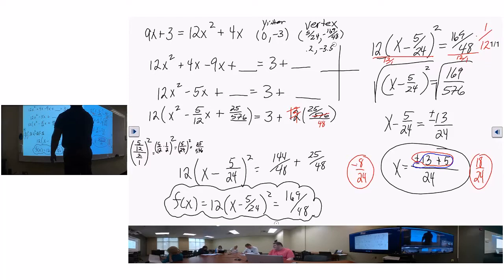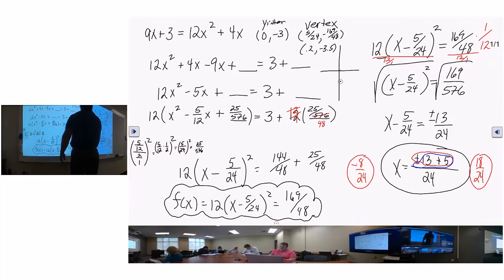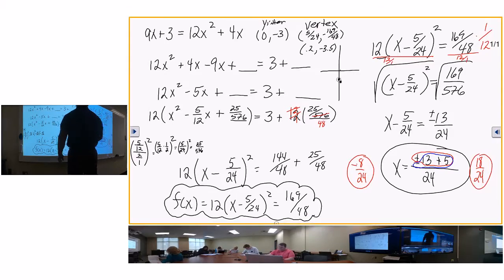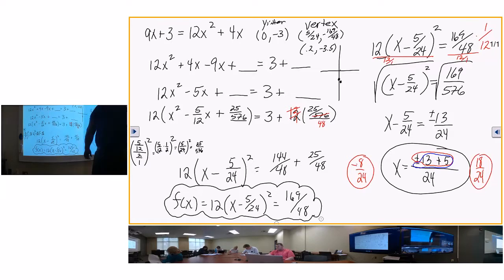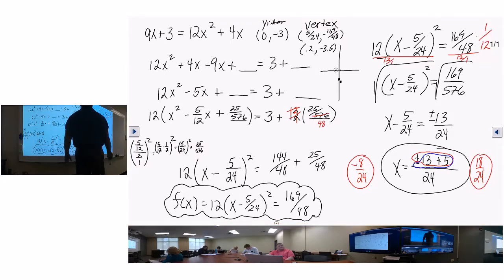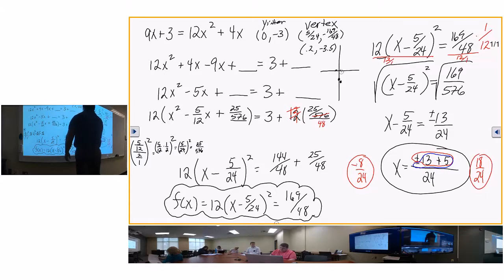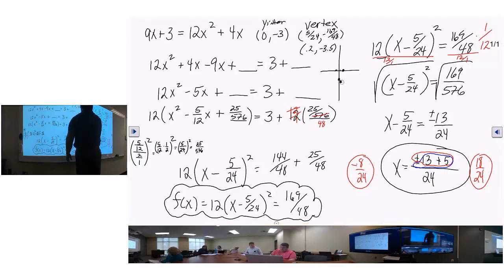Okay, so 0.2 is right there, and negative 3.5 is right here. So that means the vertex is going to be right above that at negative 3.5. And then you got 8 over 24, which is 1/3, negative 1/3, which is right in there. And then you got 18 over 24, which is 3 over 4, 0.75. Somebody check me. 0.75, so you got a real skinny parabola again.